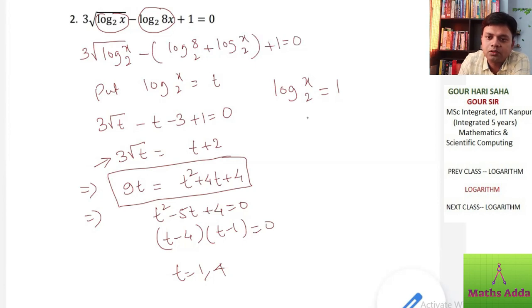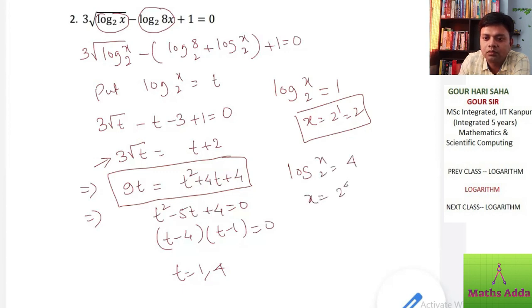So log of x base 2 is equal to 1, x is equal to 2 to the power 1, that is 2. Second is log of x base 2 is equal to 4, x is equal to 2 to the power 4, that is 16. Now I will be checking here. If I put x is equal to 2, log is defined.